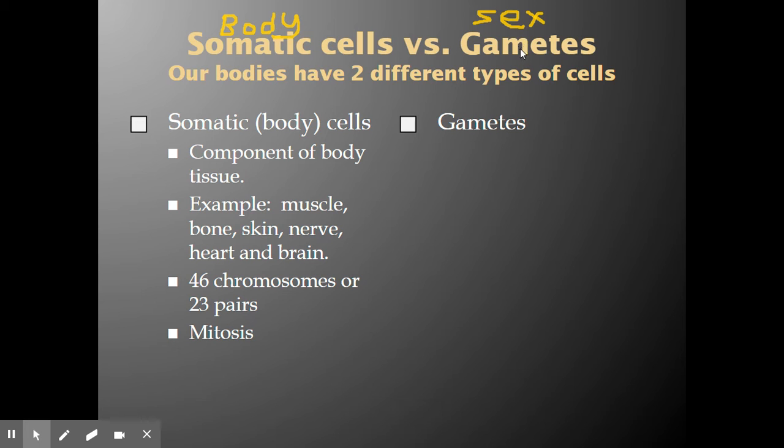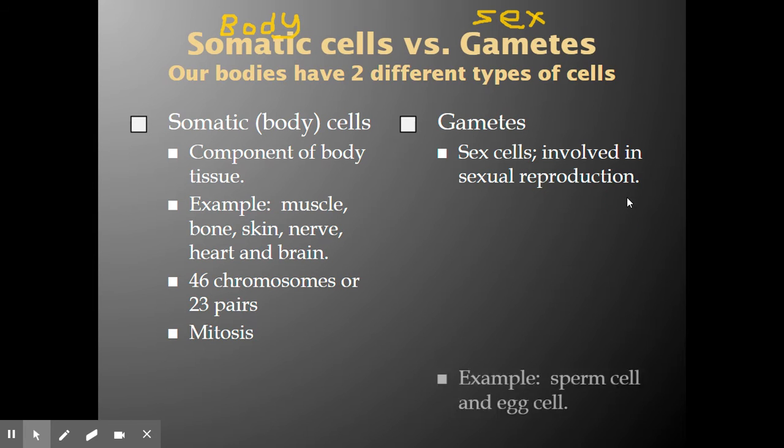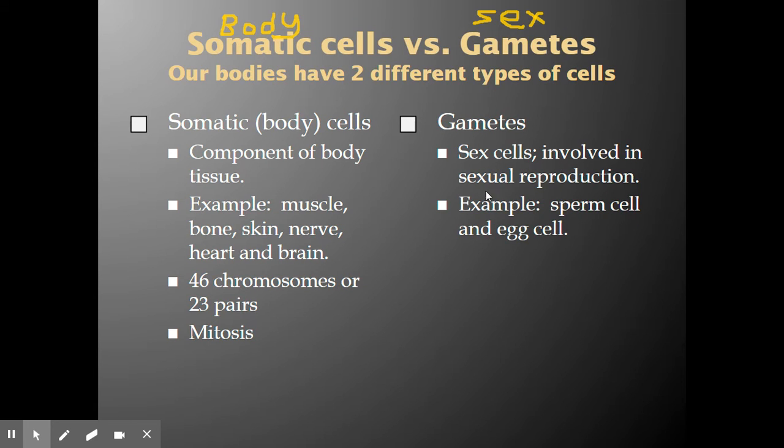Whereas gametes or sex cells are involved in sexual reproduction, compared to making up your body tissues. These are specific cells. They're specialized. Examples of these are your sperm cells or egg cells.